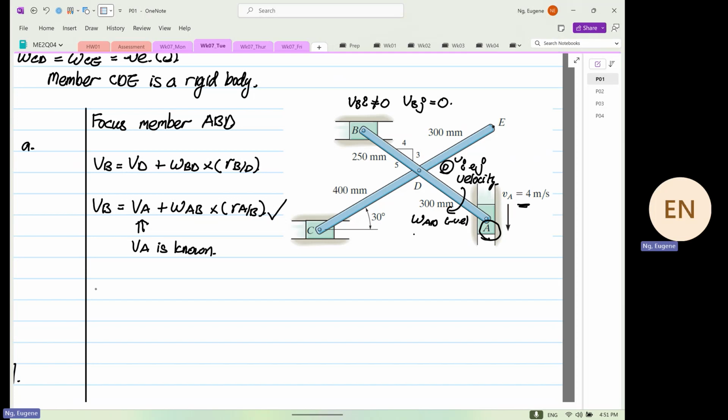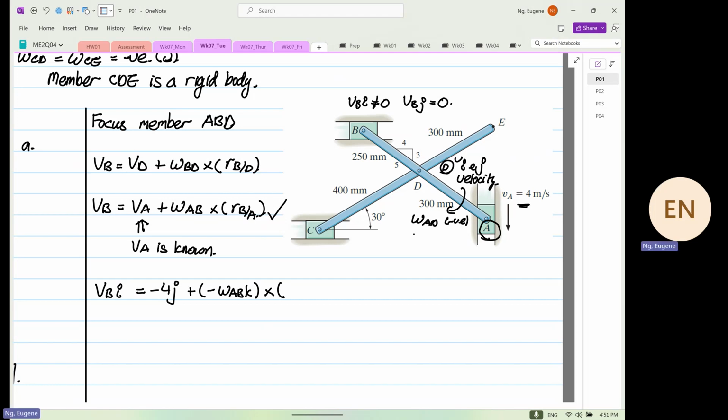So we know that we have VBI. We no need to write VBJ because VBJ is equal to 0. So this will be equal to minus 4J plus omega AB. We know omega AB is going to be negative because it is clockwise. Cross, right? Oh, I think I got this wrong. This is B from point A. I got it wrong initially.